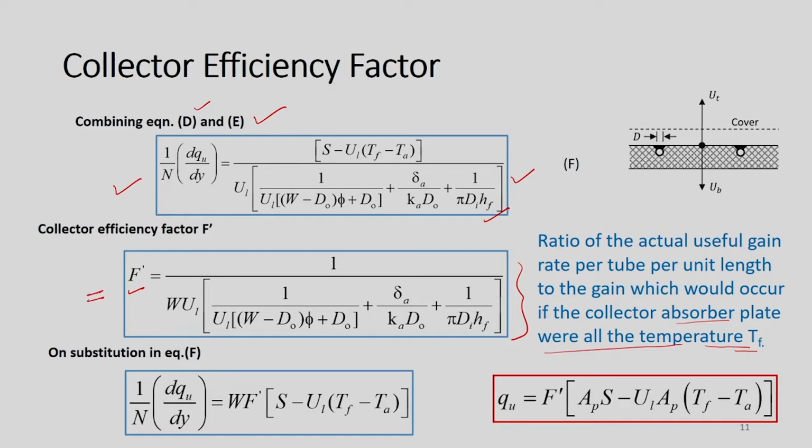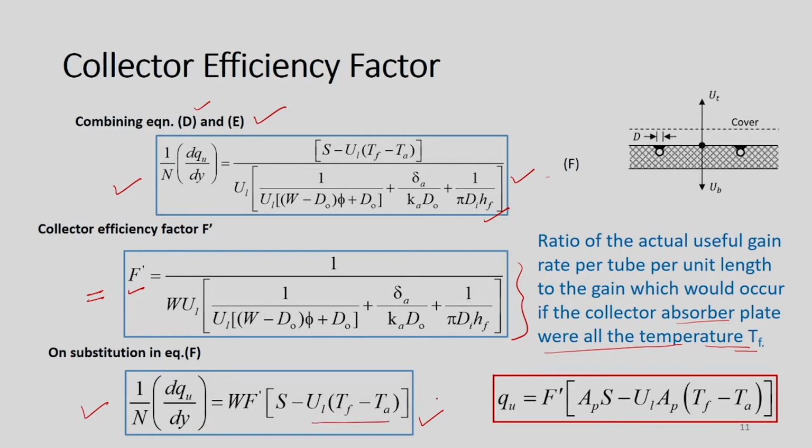Now again we can simplify, and we can use this F dash in equation F. Then this will be a very simple equation: 1 by n dq u by dy is W multiplied by F dash, in bracket, S minus UL multiplied by Tf minus Ta.